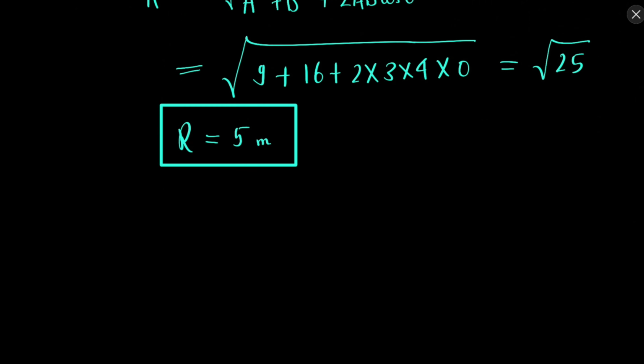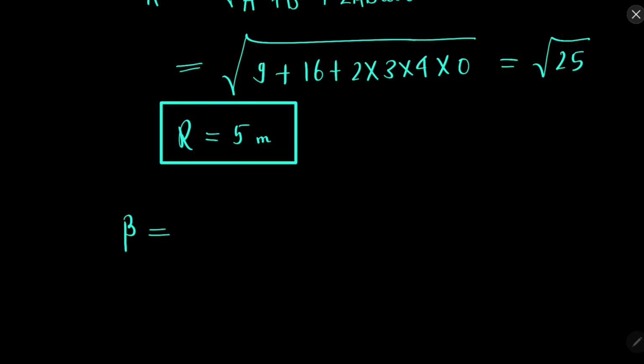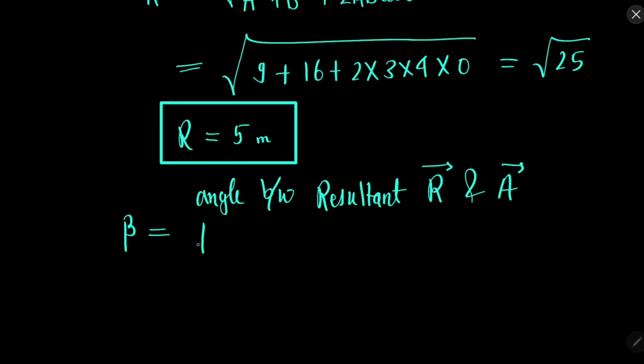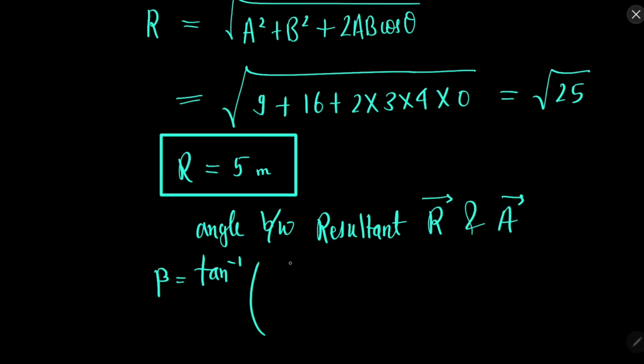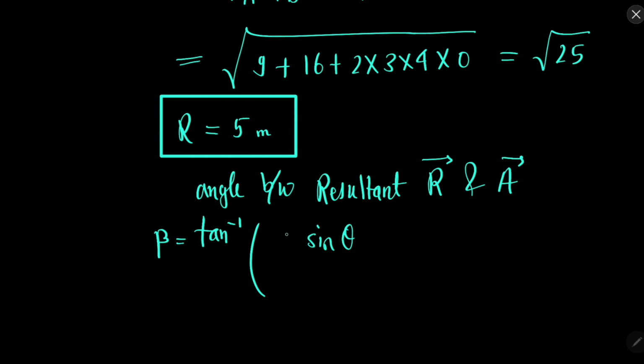Let's say the angle beta between the resultant vector R and A will be beta equal to tan inverse of the magnitude of B vector into sin theta upon the magnitude of A vector plus the magnitude of B vector into cos theta. This is the formula that we have.